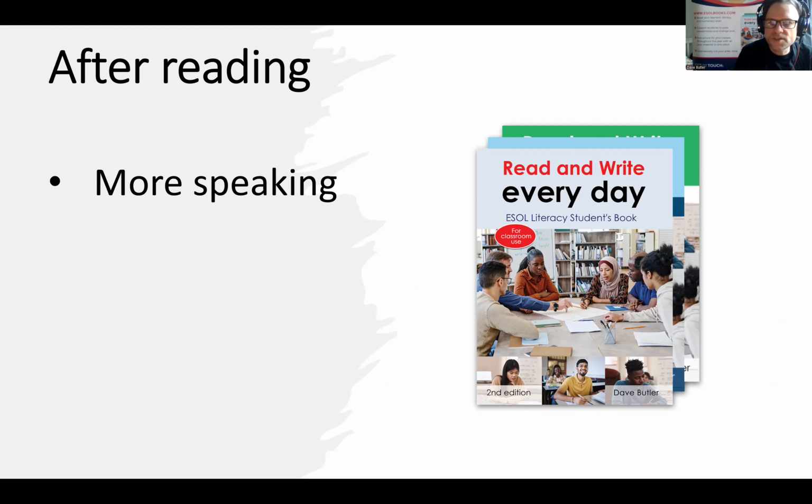Remember, for students at this level, reading and writing is so difficult. So we're just giving them as much support as we can and making everything much more doable because it's so difficult. So do some speaking, then think about what they're going to write.